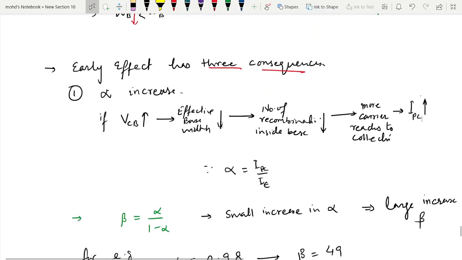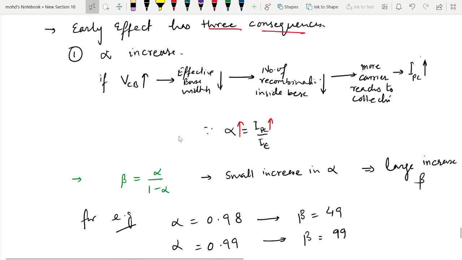Since we know that alpha is directly proportional to IPC, if IPC increases, alpha increases. And we also know that beta is equal to alpha divided by 1 minus alpha. So a small increase in alpha leads to a large increase in beta.